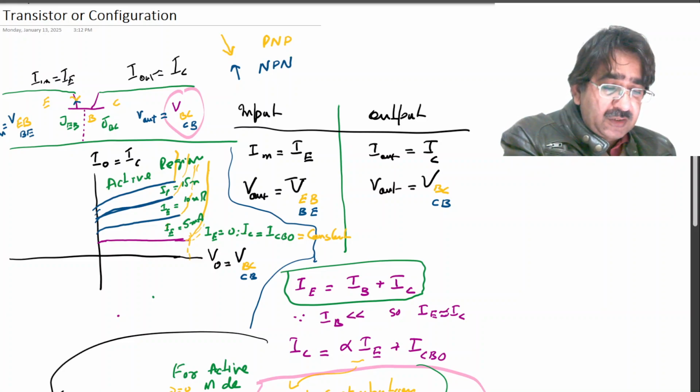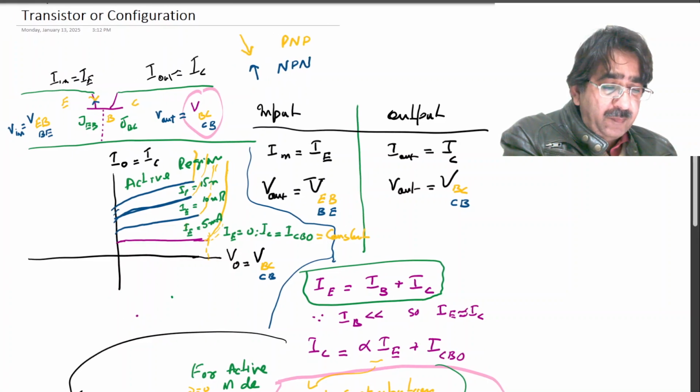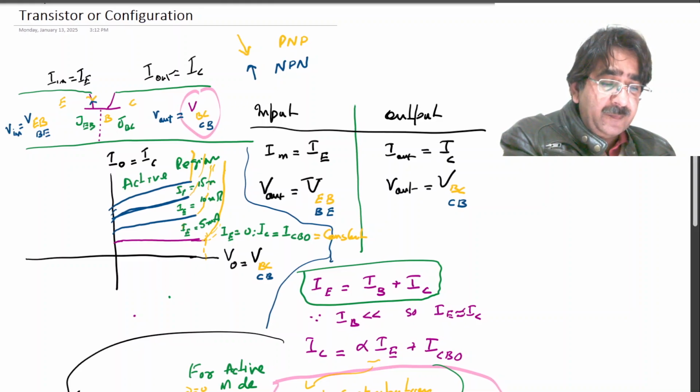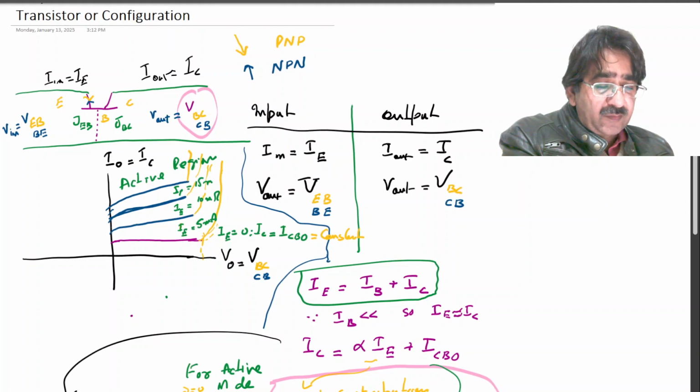Okay. Here, why is this active? Because in this region, in our common base, the base collector current is reverse-wise.